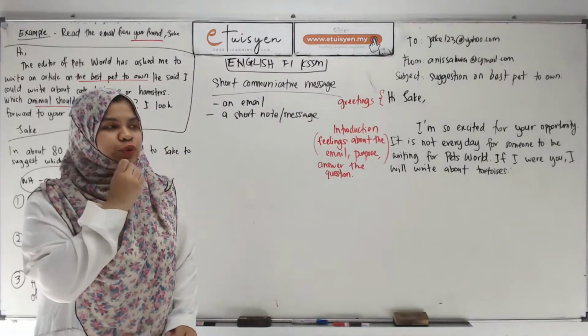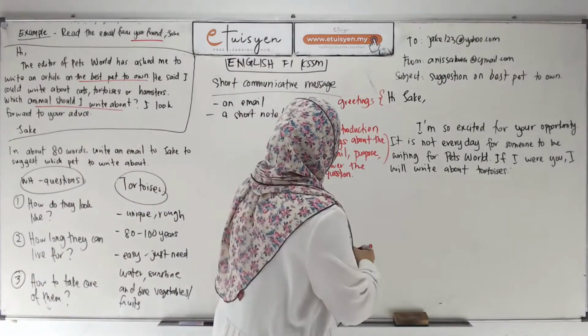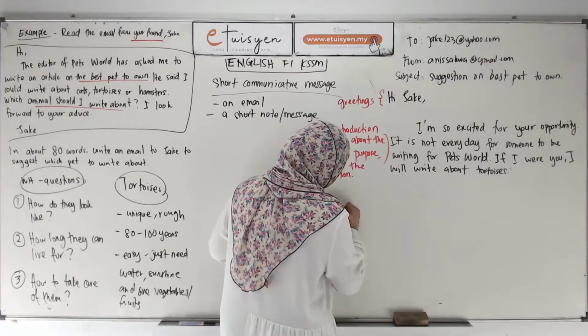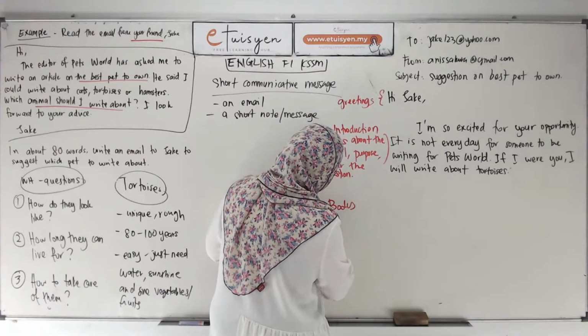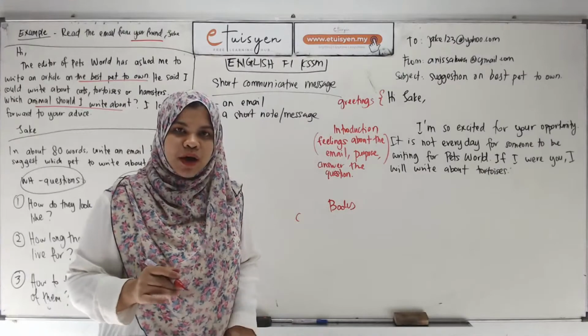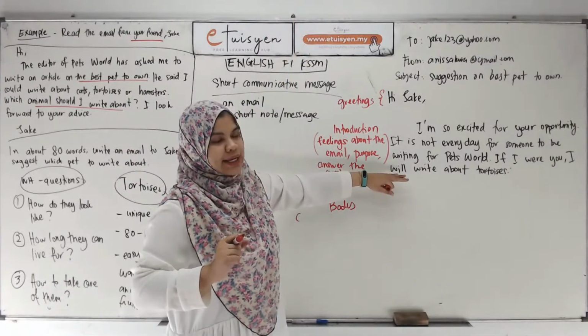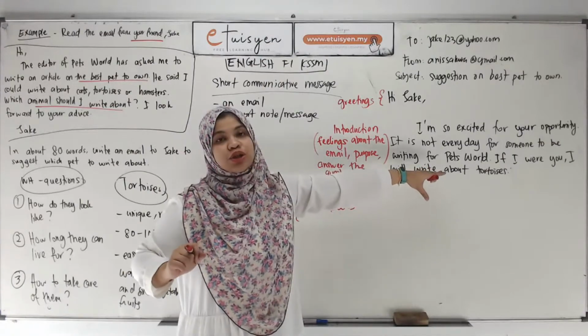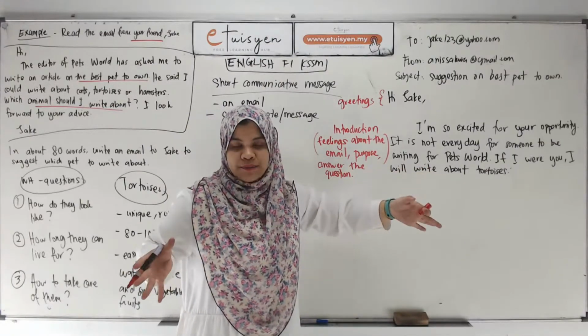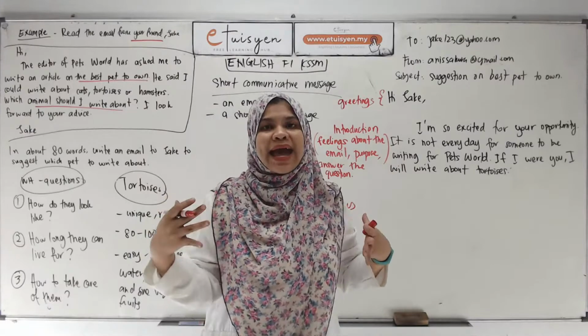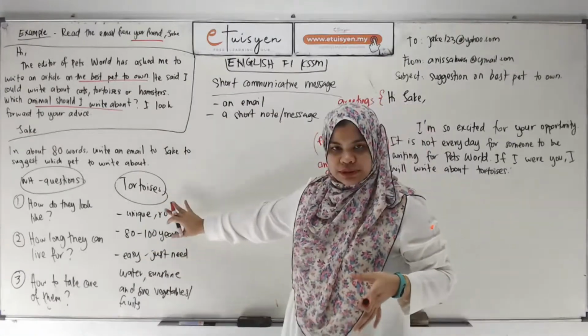Now let's go into your content. Okay, your body. So your body, or your content, will explain why. Here I just chose tortoise. Why tortoise is the best pet to own? So we have answered just now.